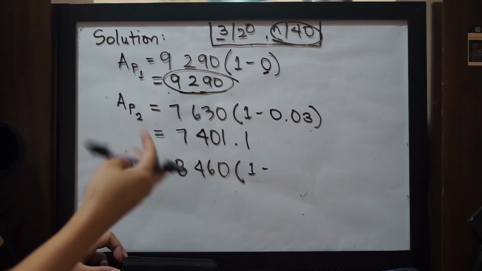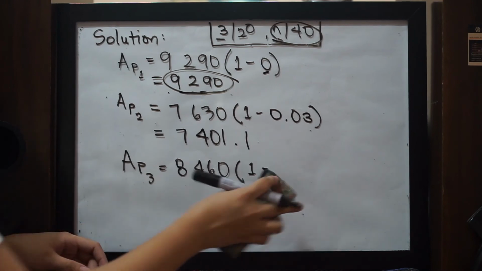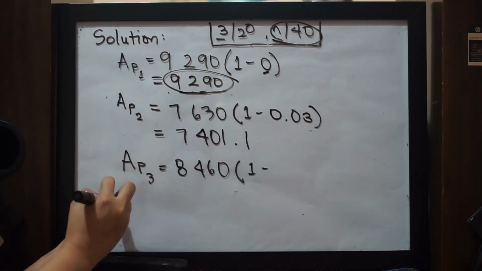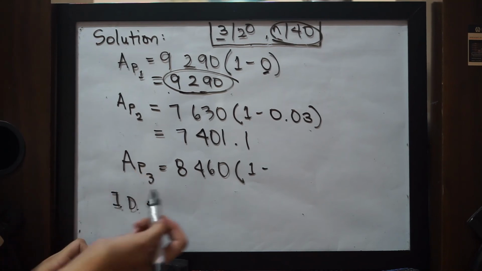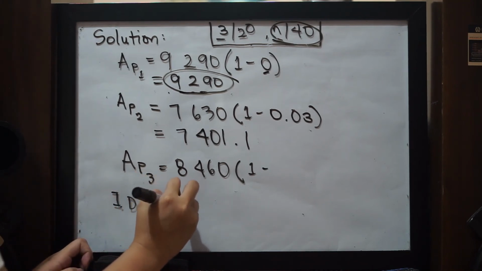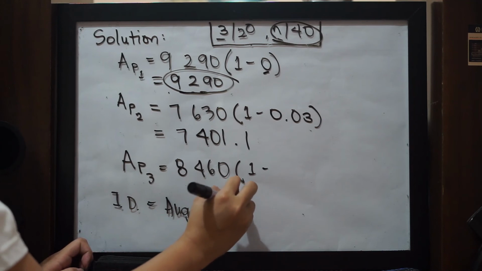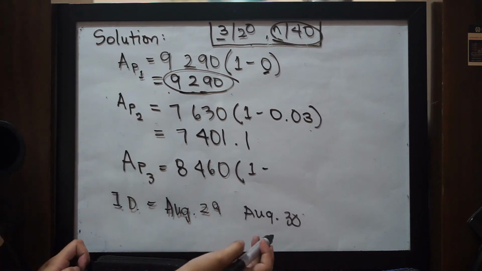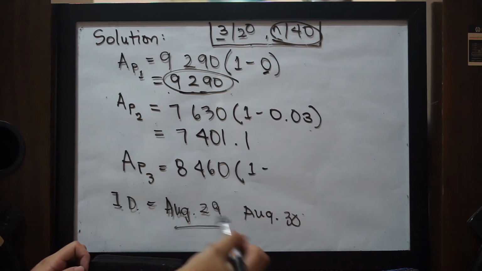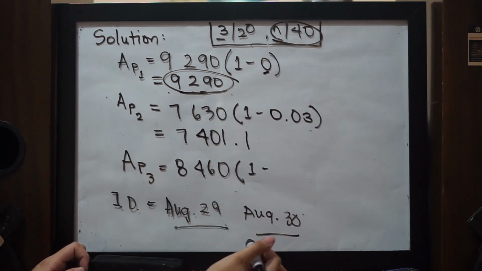Is it 3% or 0%? We can identify it by going back to the invoice date, which is August 29. And we will pay this on August 30. So, obviously, there is a 1-day difference between August 29 and August 30.